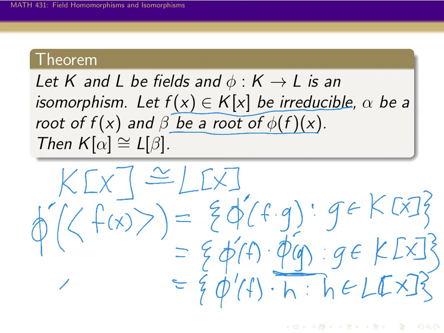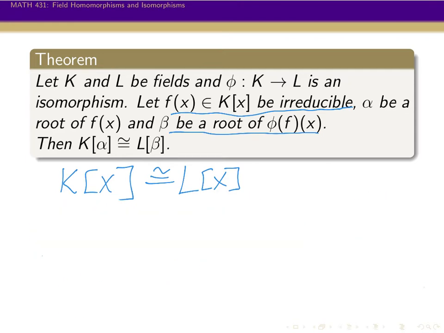And it's clear that this is the ideal generated by phi of f of x. And so if the ideal generated by phi of f of x is the image of the ideal generated by f of x, then from there we can conclude that k adjoin x modded out by f of x is isomorphic to L adjoin x modded out by the ideal generated by phi of f of x.